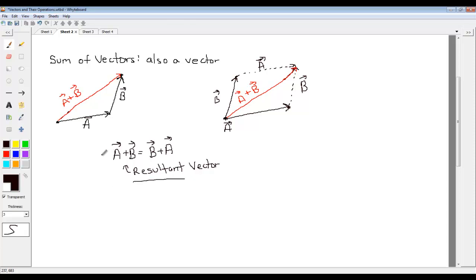Okay. Now where there's a plus, there can also be a minus. If you have vector B like this, minus B is the same length in the opposite direction.